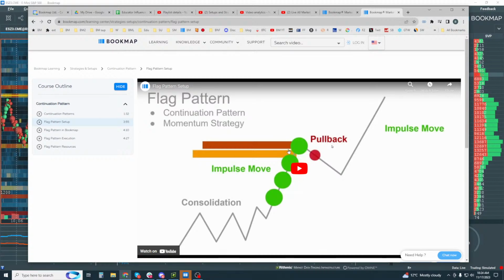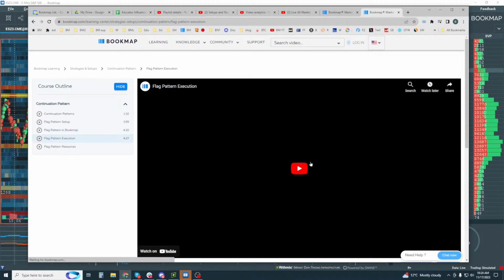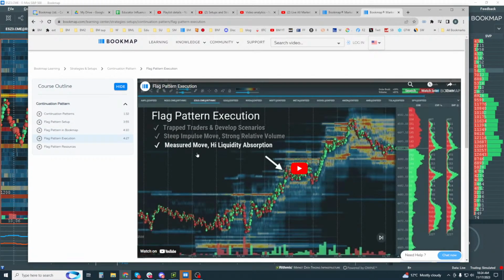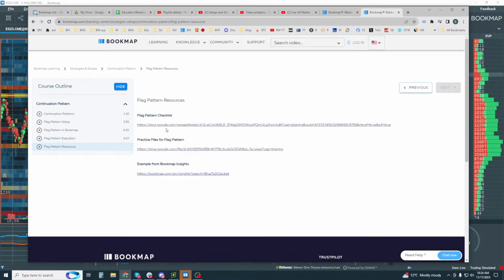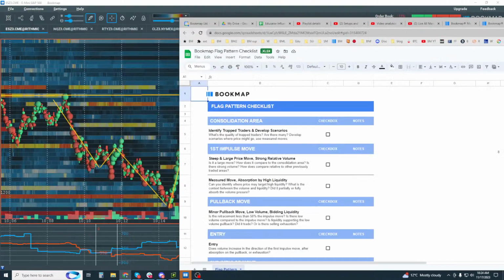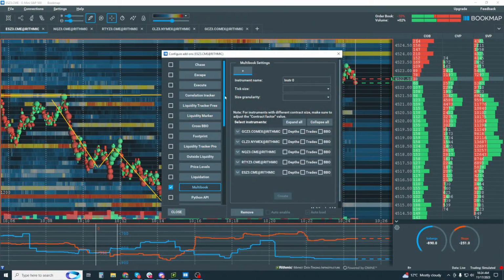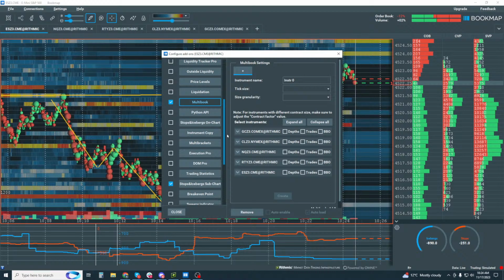Okay, so we go through the process in a diagram, then see it in Bookmap, and then here we have the checklist. You can even go to resources underneath, click on this link and access the checklist. The cool thing is the developers created a nice new little product, which if you're part of the Bookmap Academy, we can give you access to.